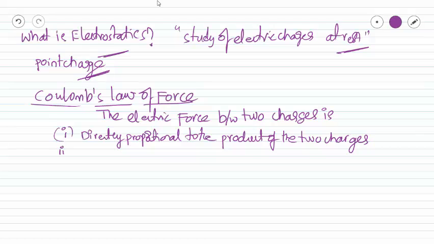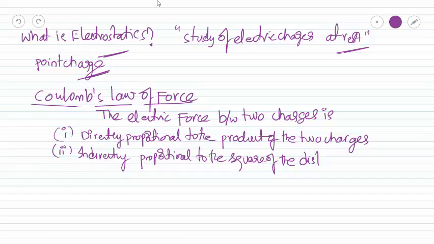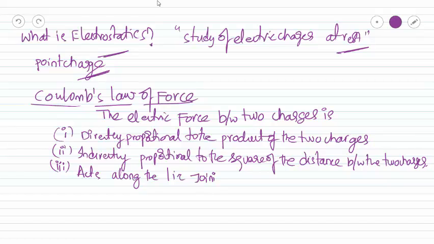The second point is that it is inversely proportional to the square of the distance between them, that is, the distance between the 2 charges. And the third point is that this electric force acts along the line joining the 2 charges. So this is what Coulomb's law says.